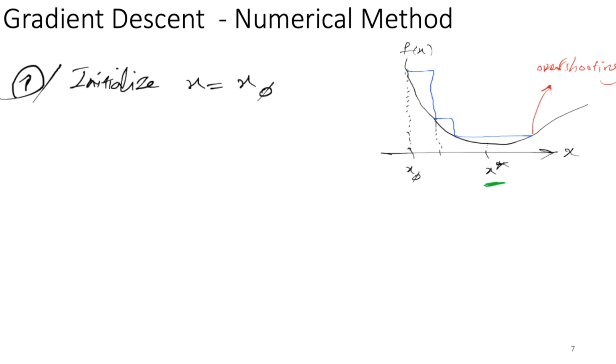If you take larger steps, at some point you might just pass your optimal solution, and that's why we say you overshot the optimal point, just like in this case.